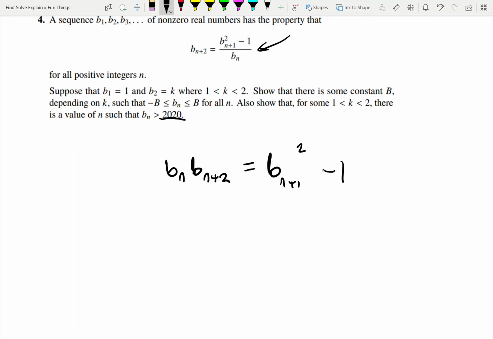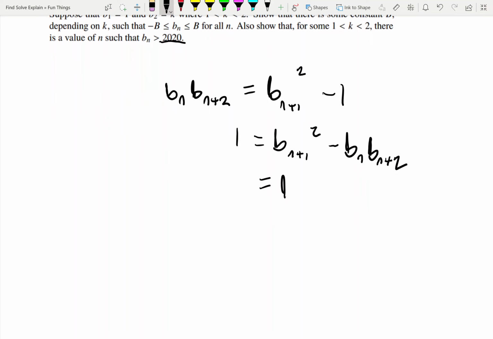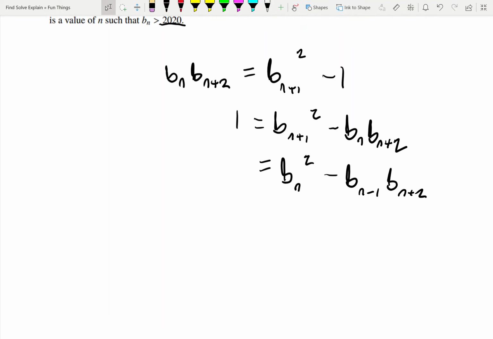In other words, if we rearrange this briefly, and then this is clearly equal to, by replacing b(n+1) with b(n), because of the independence. So now we have two equations, both of which are equal to 1, and are therefore equal to each other.